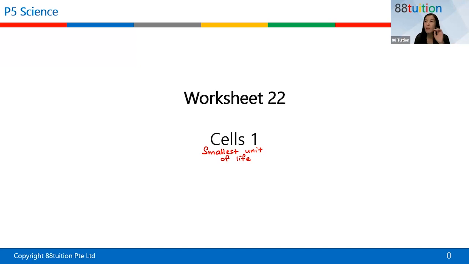There are generally two categories of organism made up of cells. Gordon, I think you just mentioned that. Very good. Everybody's typing in now. Good. So generally there are two main categories of organisms.